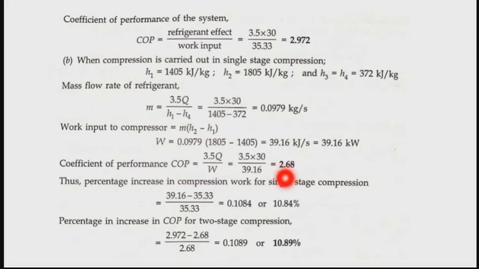You can see that it is 2.68 only when you use the single stage, but when you use the multi-stage, it is 2.972. Right. So the percentage increase in the compression work for the single stage: if you use single stage compression, the total work input is 39.16 minus 35.33, the total work input using the multi-stage.